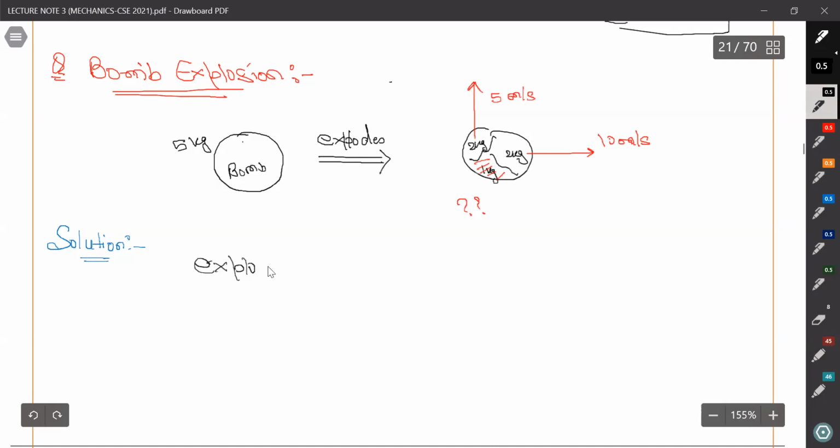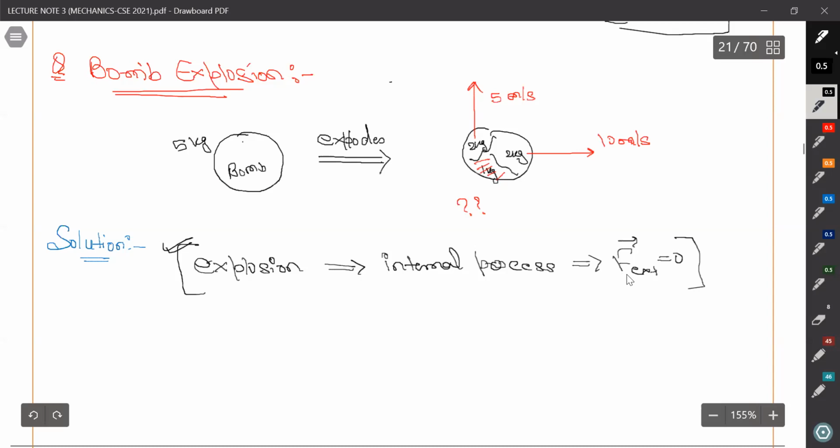let me tell you one thing. Explosion is an internal process. So the external force in this case will be 0.